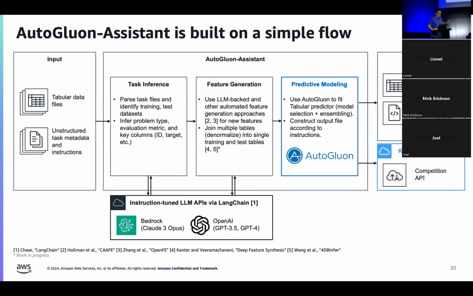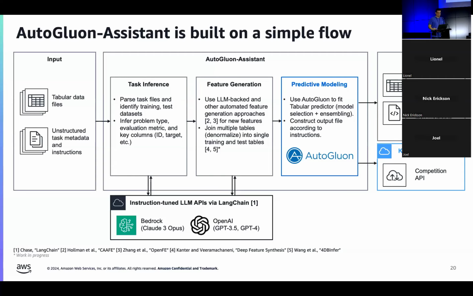And we use, in order, CAAFE, OpenFE, and DFS to generate features for the task at hand. We then, of course, feed everything into AutoGluon Tabular, and out comes the submission-ready file that we can actually send to Kaggle. And let me go to this. Send to Kaggle we did.